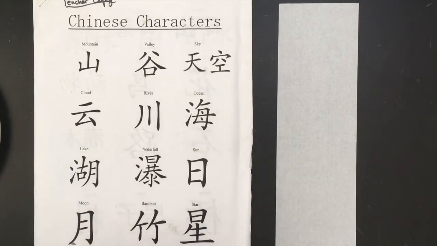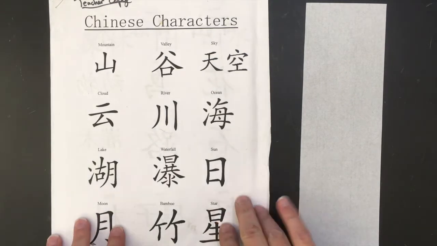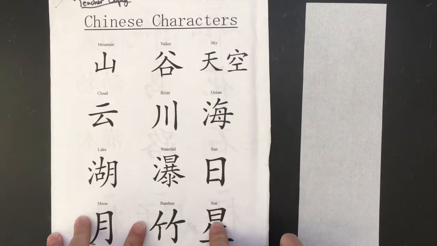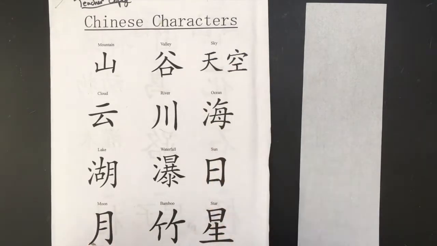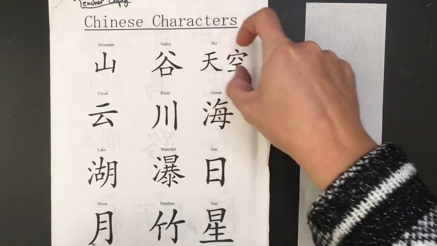Okay, so the first thing to understand about Chinese characters is that it's a bit different than English. In English, we have an alpha-phonetic alphabet, meaning we have letters that represent sounds, and those letters, when combined, create different sounds, which create our words, right? In the Chinese language, it's a pictorial language, meaning each of these characters represents a word or a concept, each individual little image.